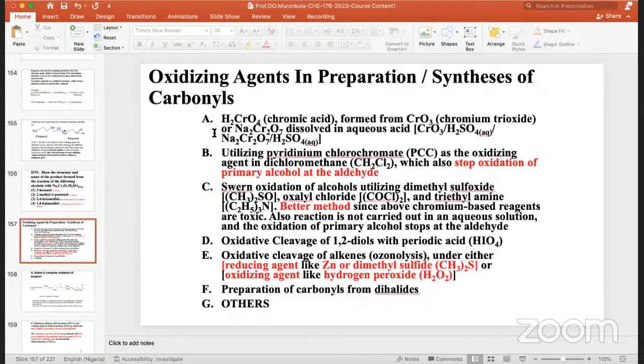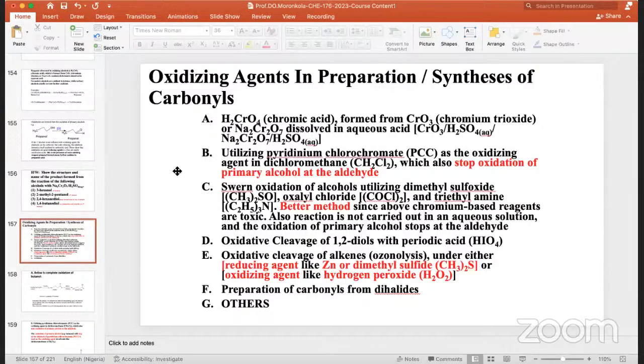I've labeled them here A to G. So please, as I pick them one by one, I want you to at least recognize what that oxidizing agent is, its name and constituents, and whether there are some advantages or some importance of that oxidizing agent. Why are we using it? Does it have an advantage over the chromium compounds we are so used to that are utilized in oxidizing our carbonyls?